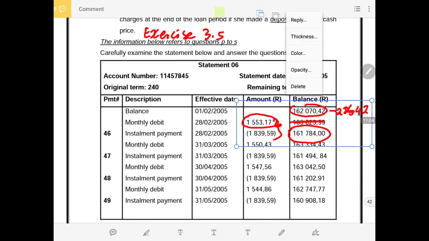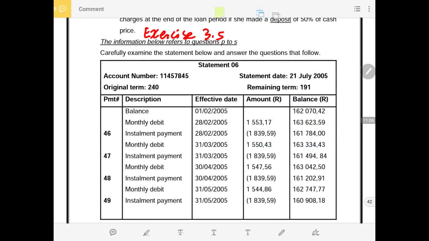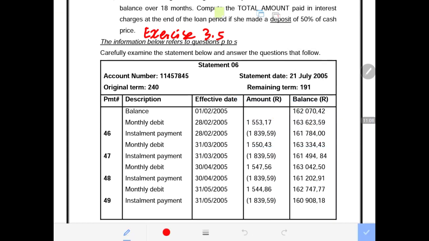So we need to be very careful in terms of this understanding, because some of you listening here will experience what I'm explaining when you get into buying assets on credit through finance by the bank. So the huge portion of this amount that you are paying, which is 1,553.17, goes to the bank as their income, which from the side of the client is interest expense, from the side of the bank it is interest income.